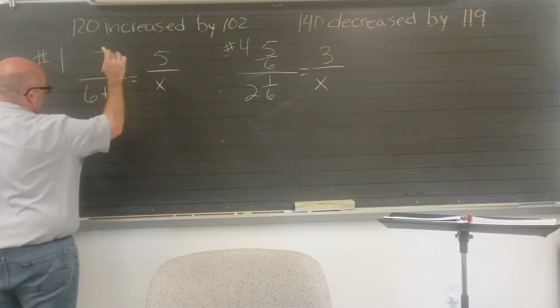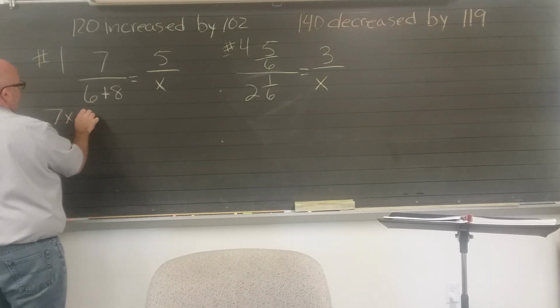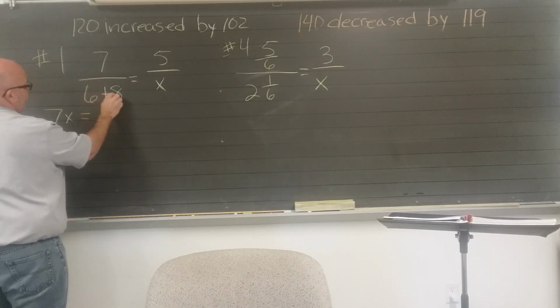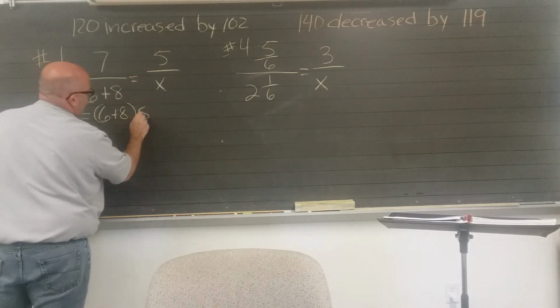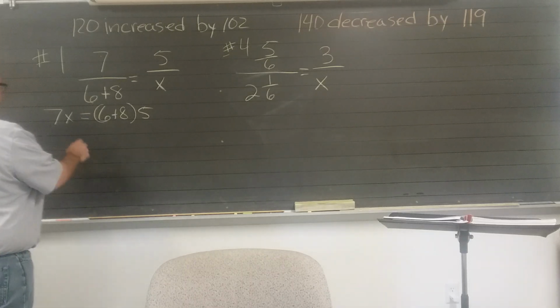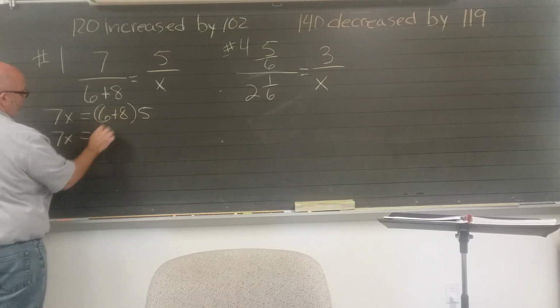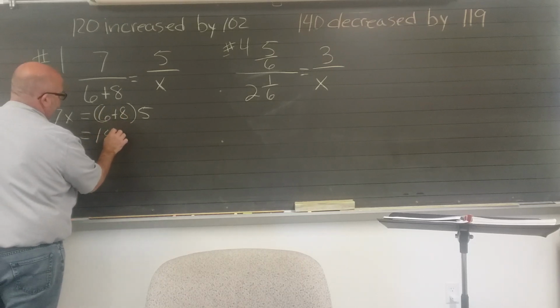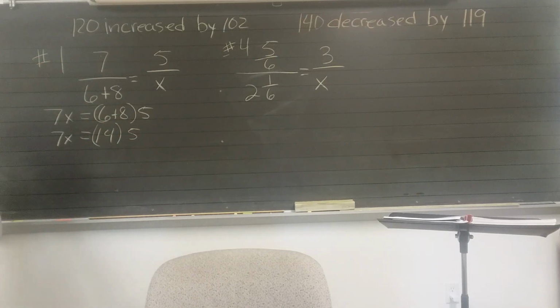So your equation would look like this. 7x equals 6 plus 8 in parentheses times 5, right? So then we have 7x equals 14 times 5. 14 times 5 is what? 14 times 5 is 70.